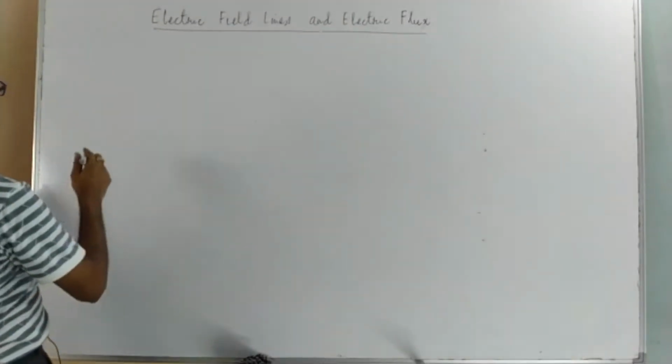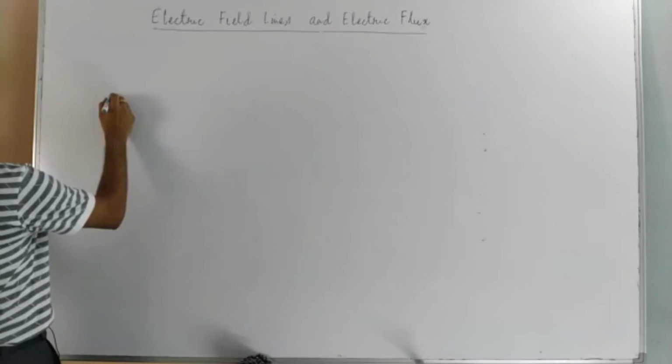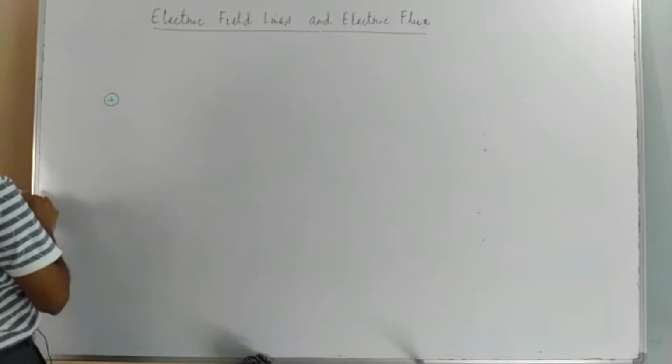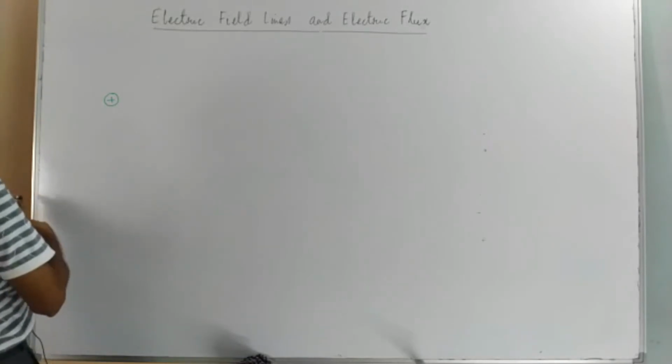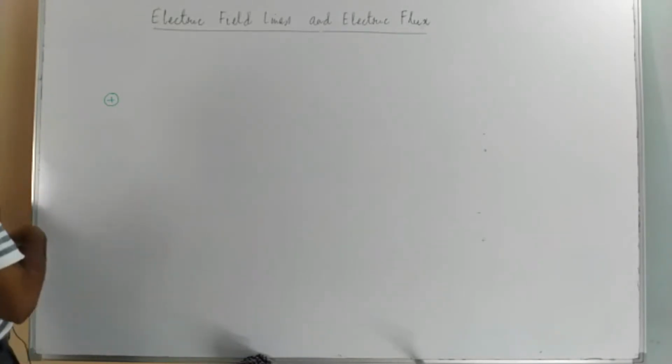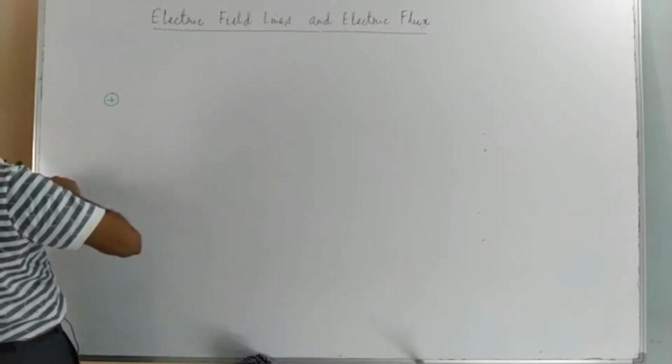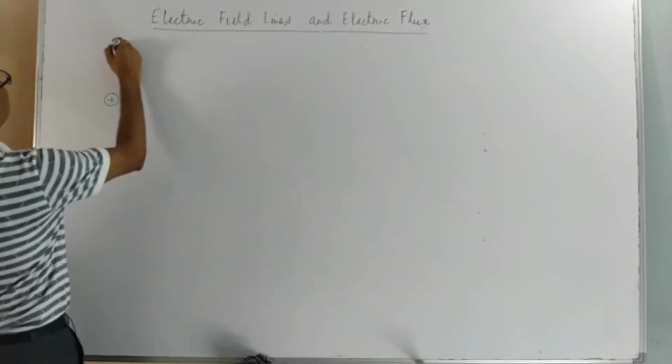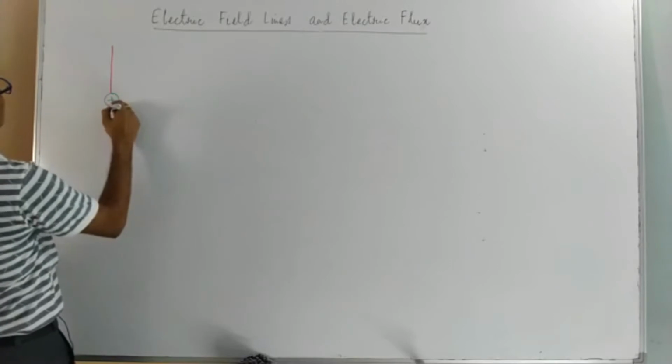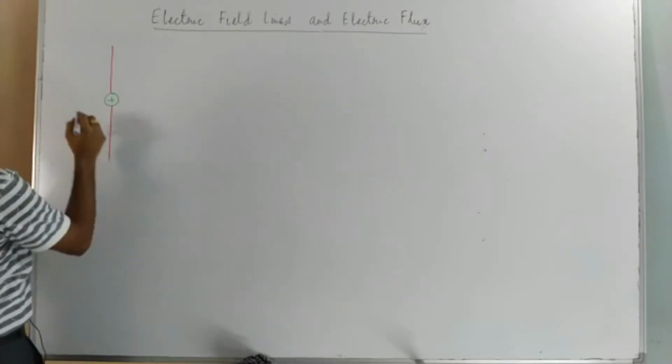Let us first consider an isolated positive charge. In this case, the electric field lines look like this.